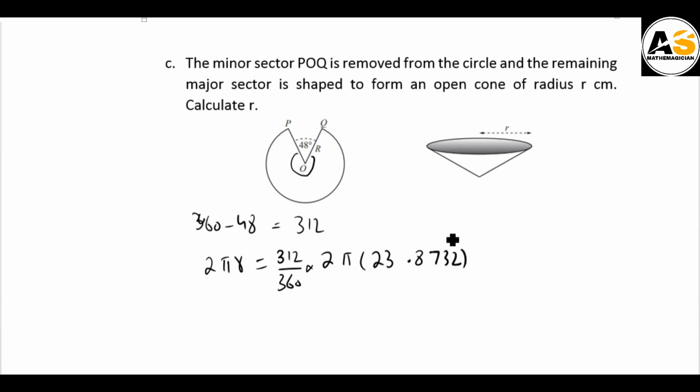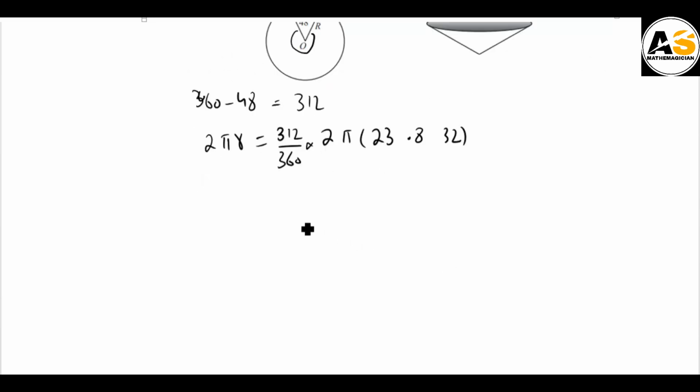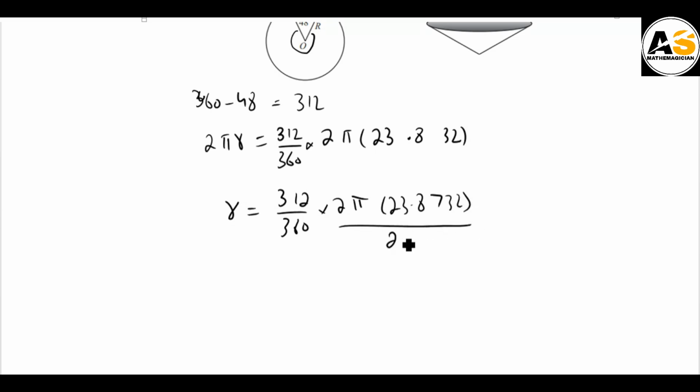From here we will find r is equal to 312 over 360 into 2 pi into 23.8732 divided by 2 pi. And when you simplify it with the help of calculator, you will get r equal to 20.7 centimeter, rounded to three significant figures. I hope this is clear.